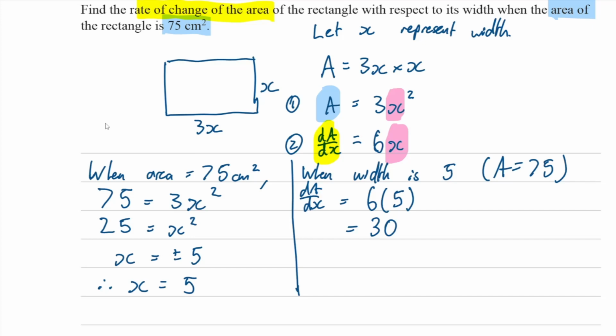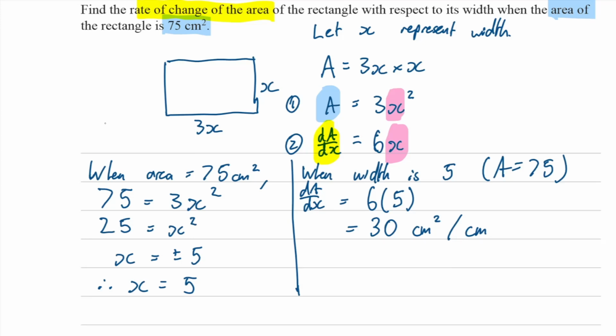Awesome. And let's have a think about the units. So change of area, centimeters squared, per change in width, per centimeter. Yeah, so it's increasing at a rate of 30 centimeters squared every time we increase the width by 1 centimeter.